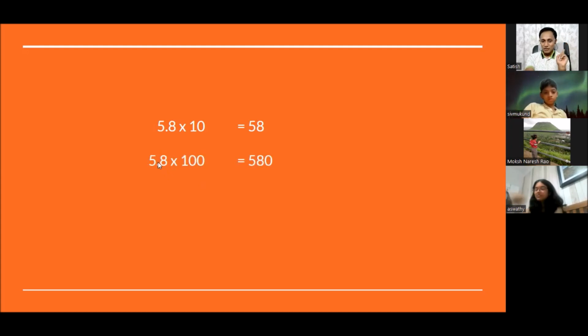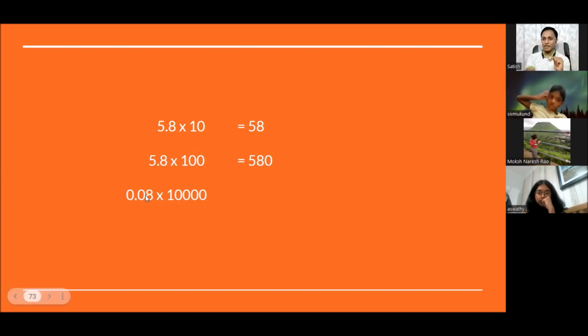You move two decimals. One decimal is gone with one 0. Next, you substitute with another 0. 0.08 into 10,000: with the first 0, this will shift to become 0.8. With the next 0, this will become 8. Then 2 more zeros, it will become 800.